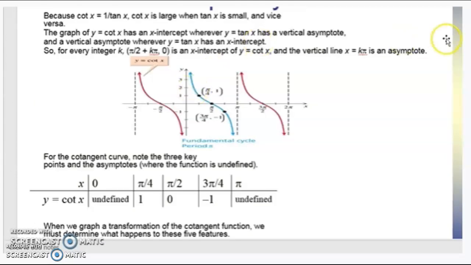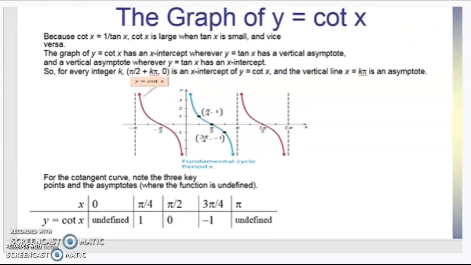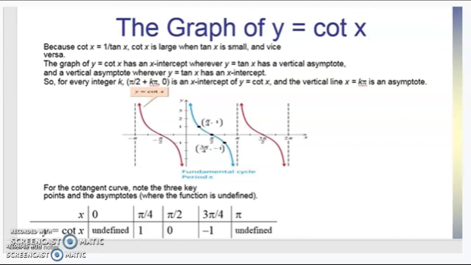Moving on to the graph of the cotangent function. The definition or formula for the cotangent function is 1 divided by the tangent function.